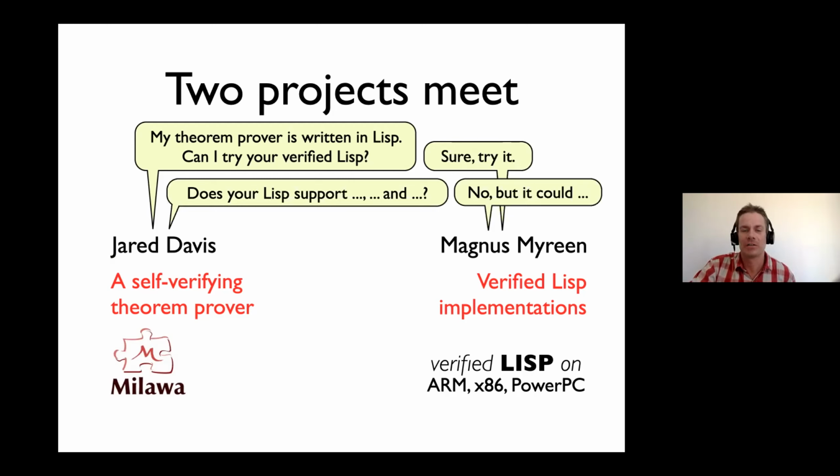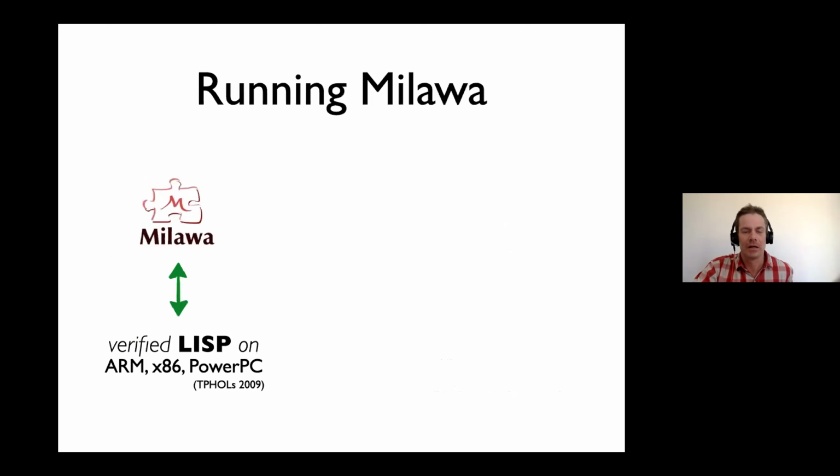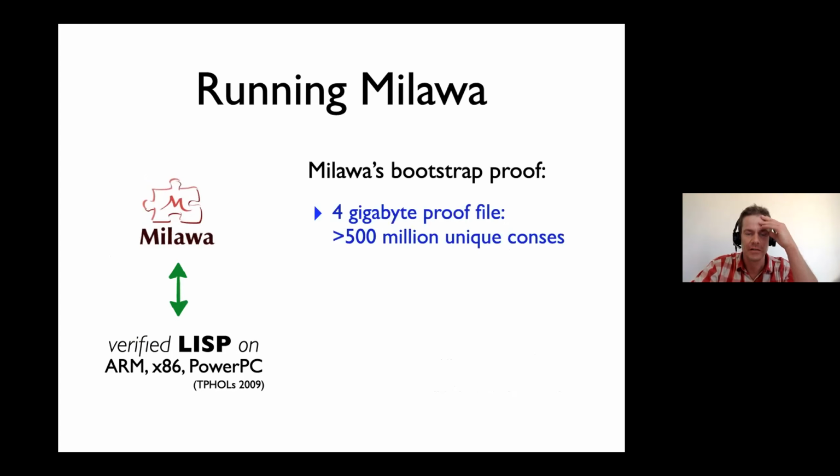But then we started a conversation, and the interesting thing is that we collaborated, I think, for 2 years before I had even seen him. Video calls weren't a thing then, so it was just email. We started this conversation about, can Milawa run on top of my Lisp implementation? And we realized that this self-verification of Milawa is a very heavy process.